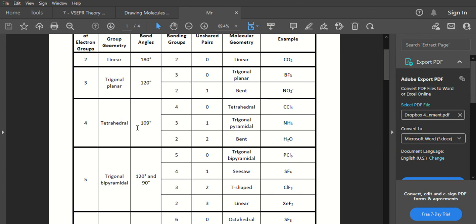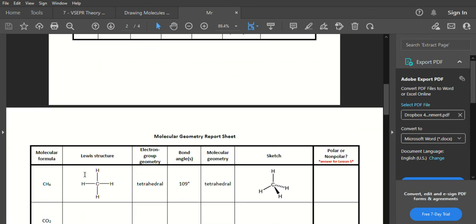Make sure when you are drawing your Lewis structures that you include all your lone pairs, just like you did in your homework assignment for that. And then your sketch is always going to make sure to show the projection. So make sure you do have those straight lines if you're in the plane, dashed lines if you're projecting inwards, and wedges if you're projecting outwards.